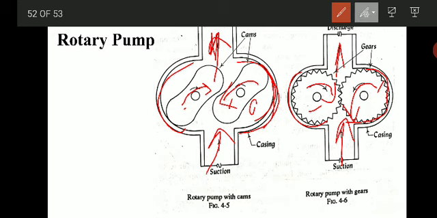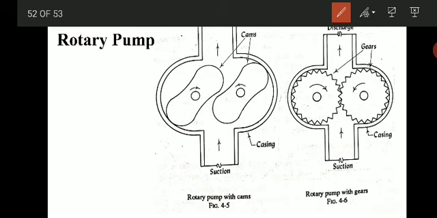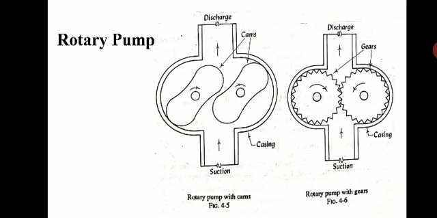So we'll see what are the advantages of this type of pump, that is the rotary pump. The rate of flow from a rotary pump is uniform, steady and constant without any pulsation. It is possible to use this type of pump at high speed, and therefore a rotary pump of small size can possess a high capacity.